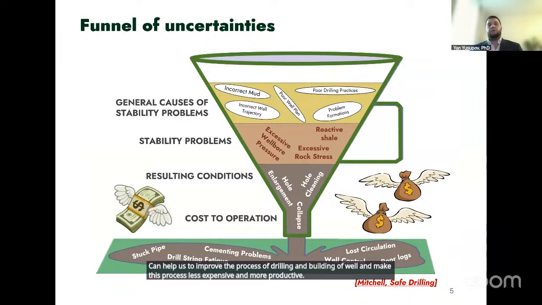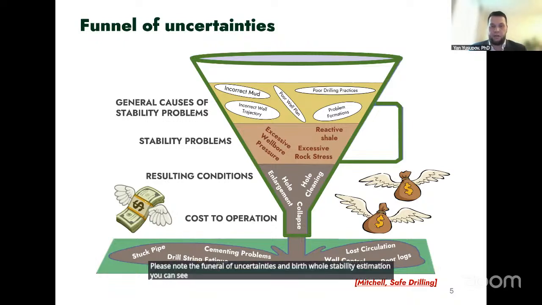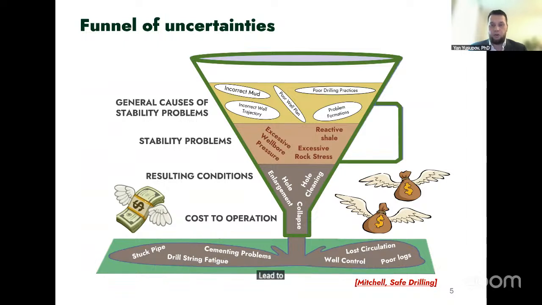Please note the funnel of uncertainties in borehole stability estimation. You can see that incorrect mud, incorrect well trajectory, poor well plan, problem formations, and poor drilling practice lead to excessive borehole pressure, reactive shale chemical reaction, and excessive rock stress.